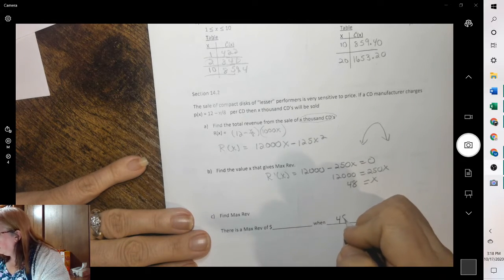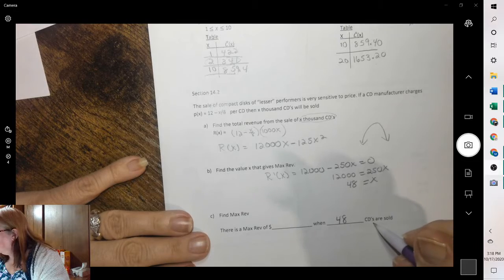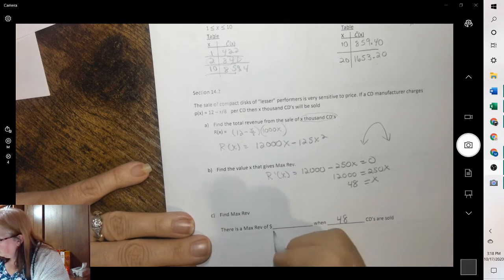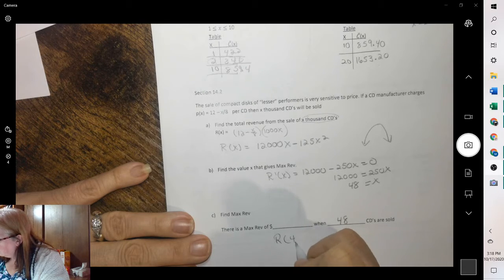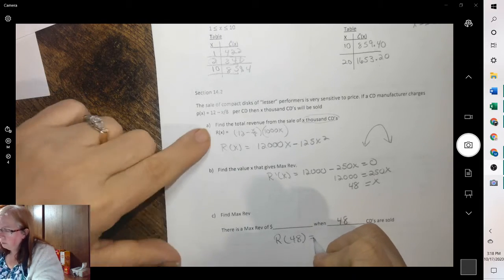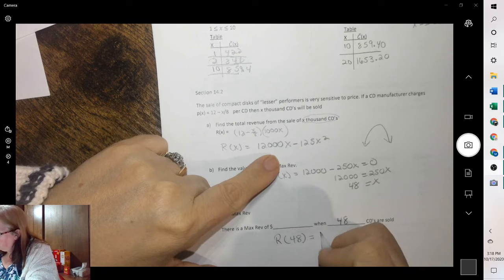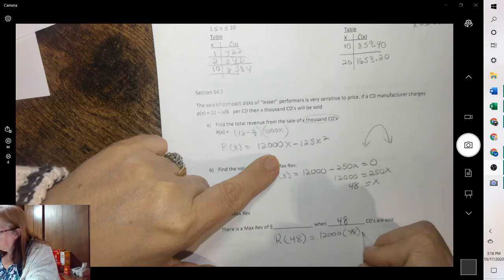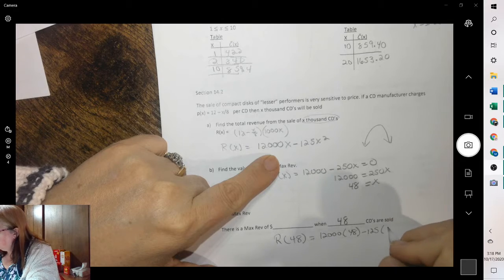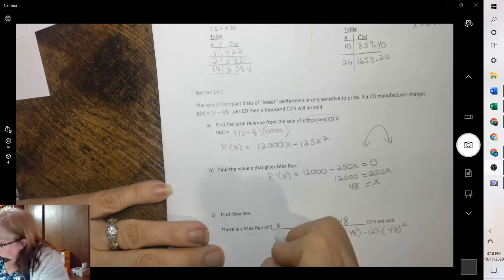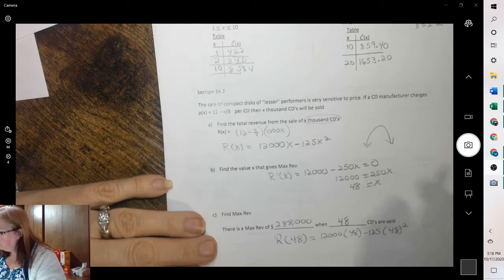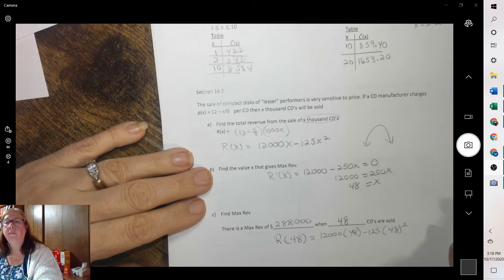So when 48 thousand CDs are sold, the maximum revenue is 12,000 times 48 minus 125 times 48 squared, which gives us 288,000.